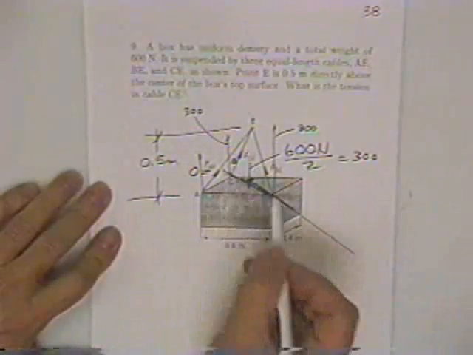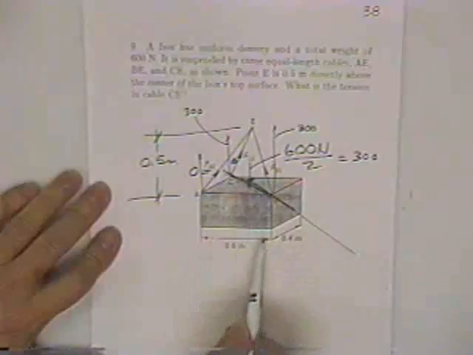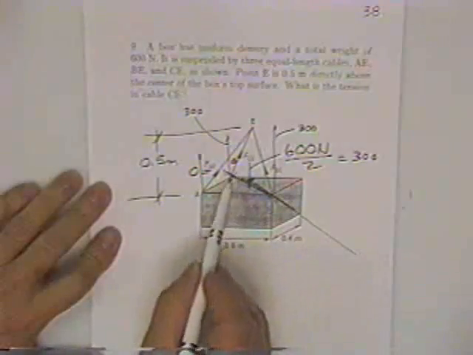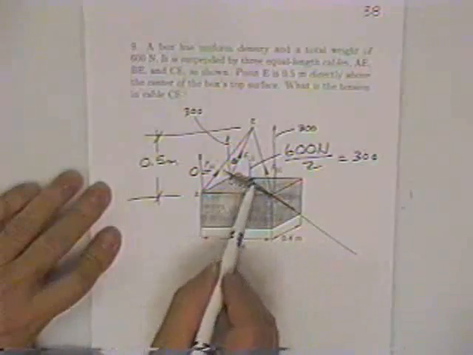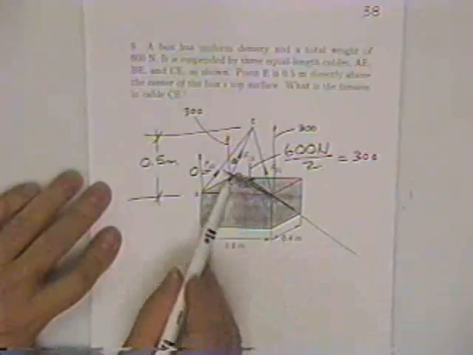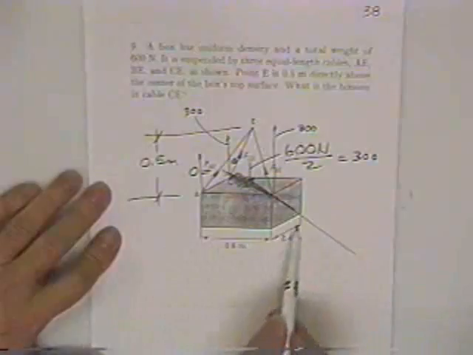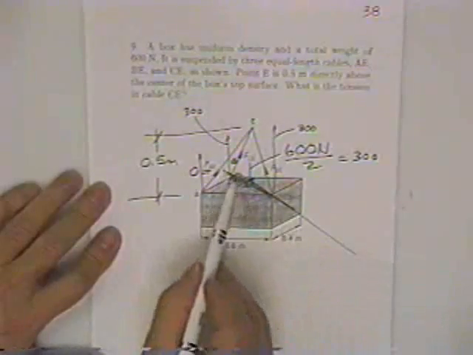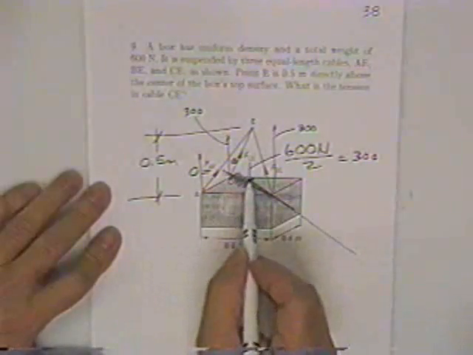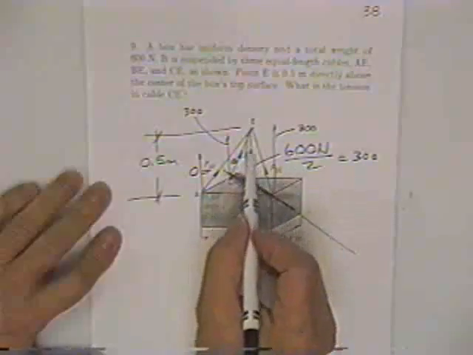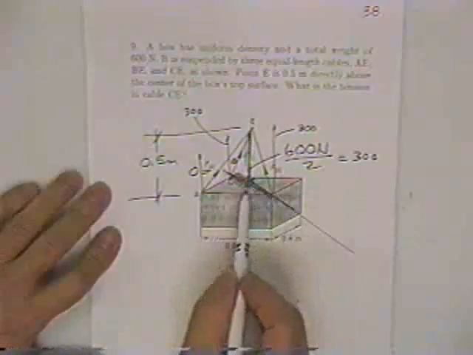You'll have to find this angle right here. Knowing how far it is from here to here, that's half of the diagonal length. You can find the diagonal by taking this squared plus this squared, take a square root. That's half the diagonal length, and then a half a meter above the middle.